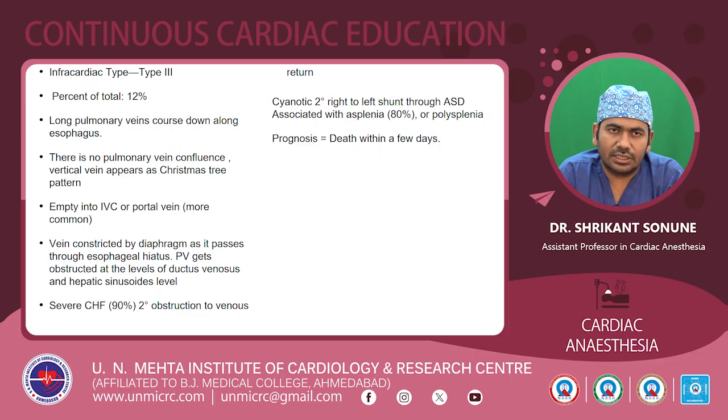The vein gets constricted by the diaphragm as it passes through the esophageal hiatus, and the pulmonary vein gets obstructed at the level of either the ductus venosus or the hepatic sinusoidal level. So the presentation is, it presents with congestive heart failure in most of the cases, which is secondary to venous obstruction, as the venous return is obstructed, and the patient can present with cyanosis secondary to the right to left shunt through an ASD.